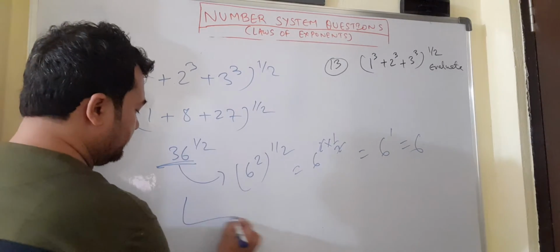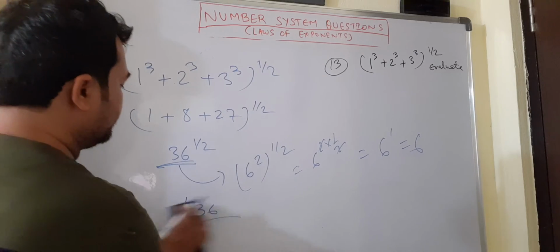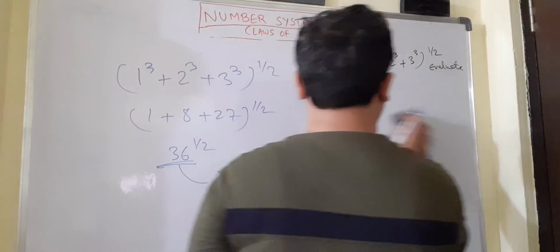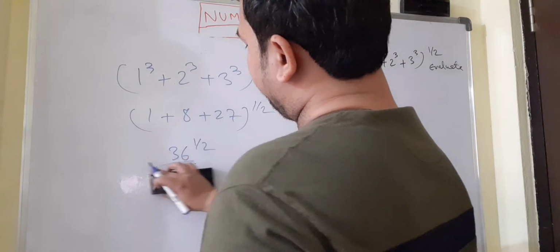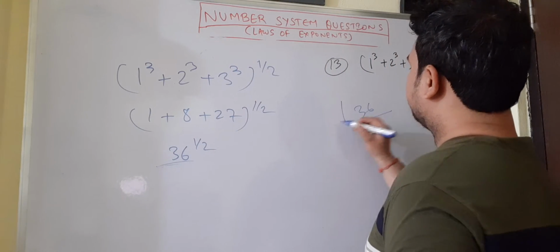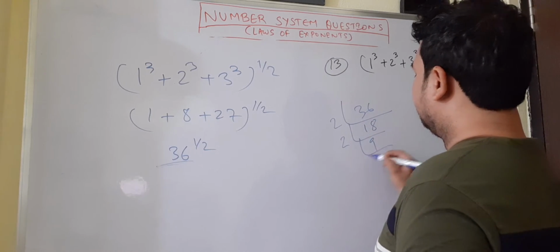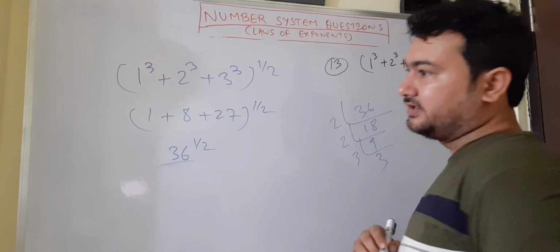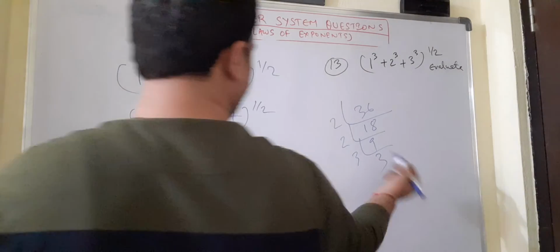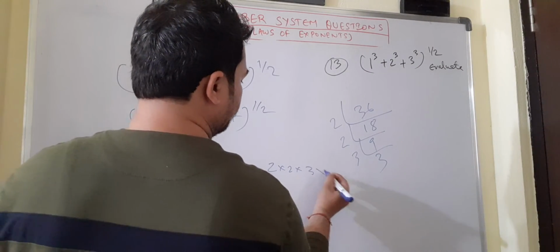This you can prime factorize and get 6 square. Thirty-six, 2, 18, 2, 9, 3, 3, isn't it? So it is made of 2 2s and 3 3s. So 2 into 2 into 3 into 3.